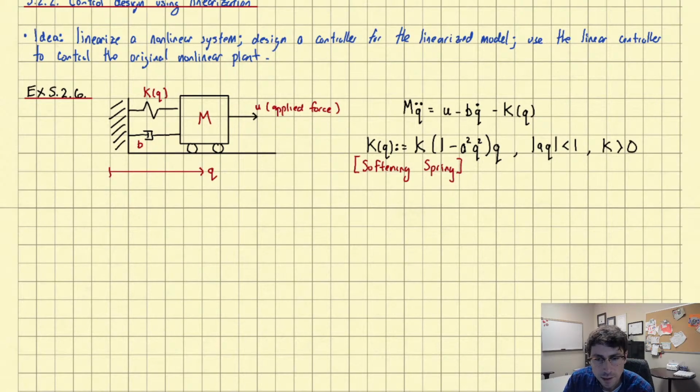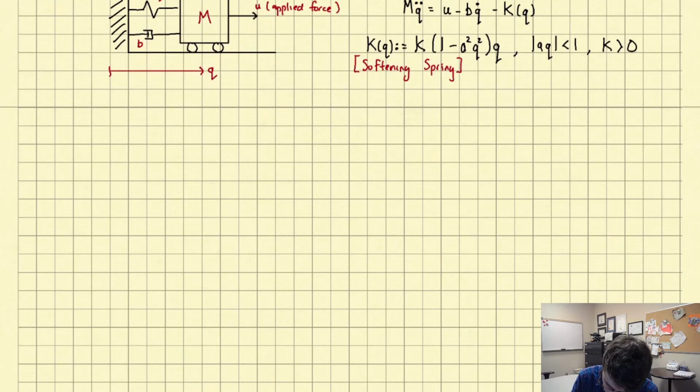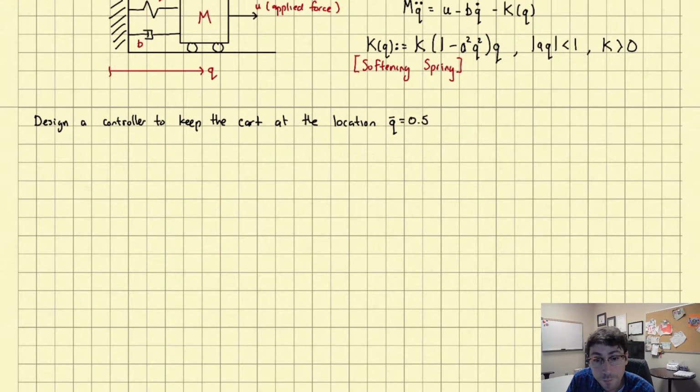Okay, so the nonlinearity is that the spring has this linear regime: when q is small, it's like a linear spring, but as q gets larger, it becomes nonlinear. Okay, what do we want to do? We want to design a controller to keep the cart at the location q bar equals 0.5.